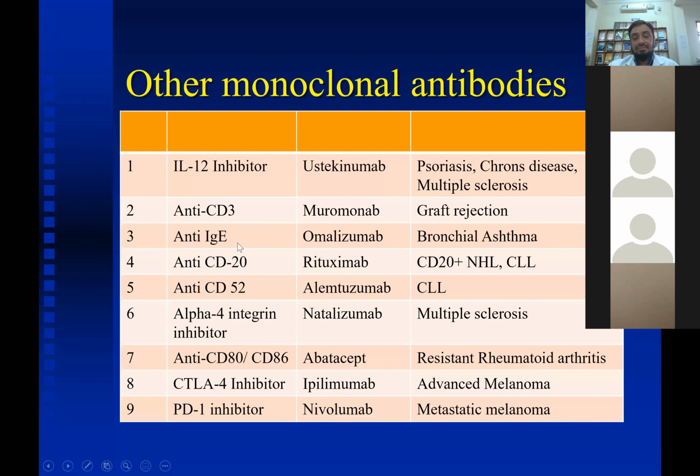So, important ones among these: interleukin 12 inhibitor, that is ustekinumab, used in psoriasis and multiple sclerosis. IgE antibody, you already know, omalizumab, which is used in bronchial asthma.